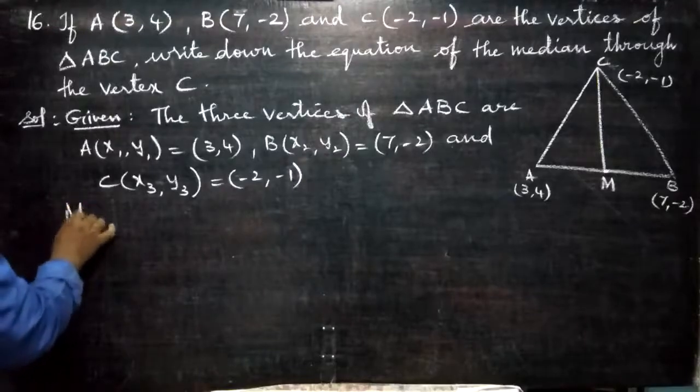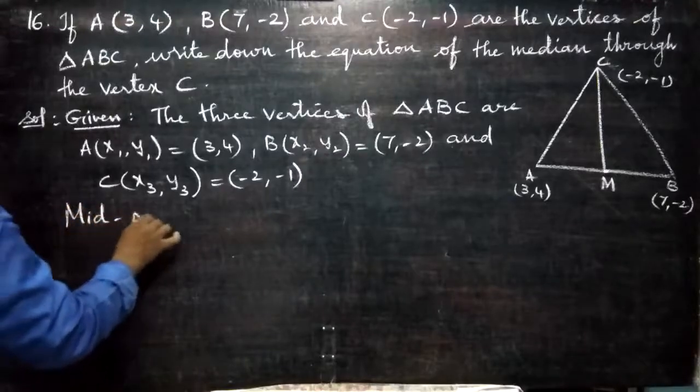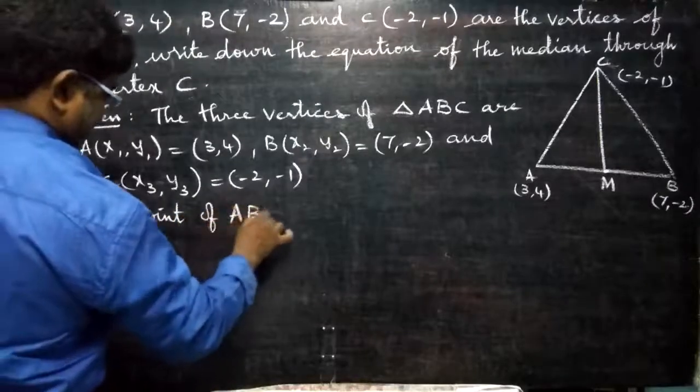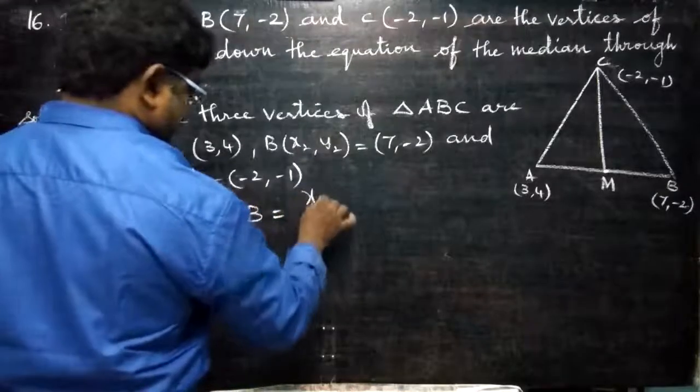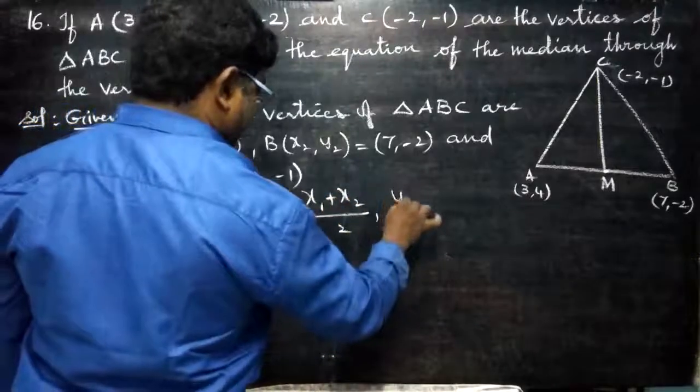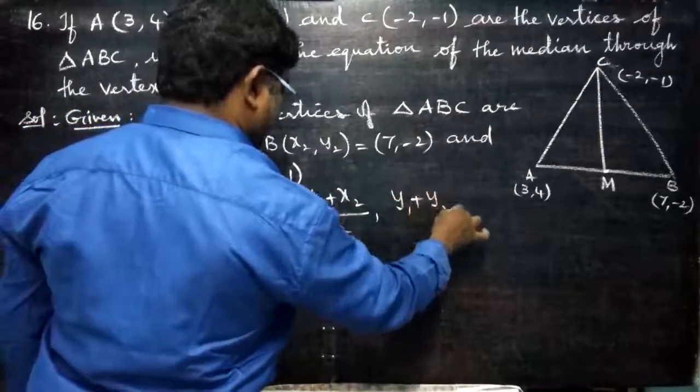Now first find the midpoint. Midpoint of AB is equal to, what is the formula? x1 plus x2 by 2 comma y1 plus y2 by 2.